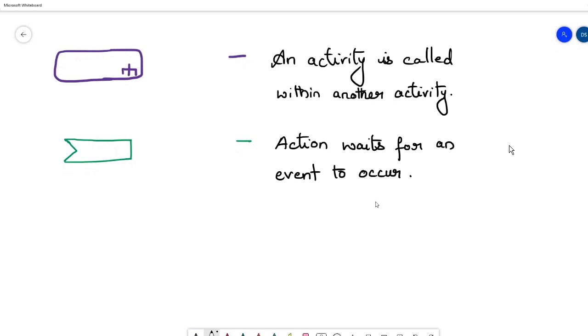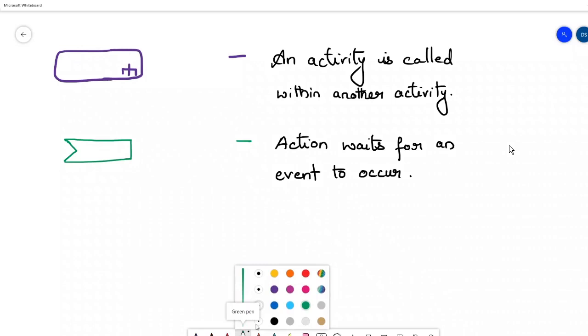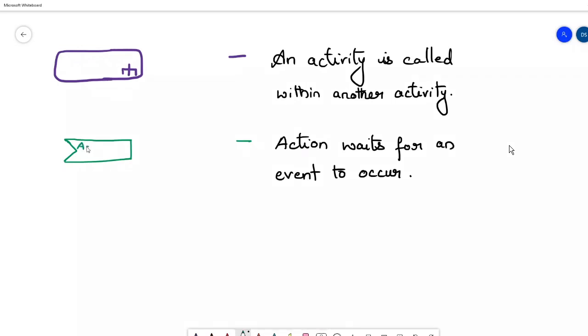So we can say that it is accepting an event.